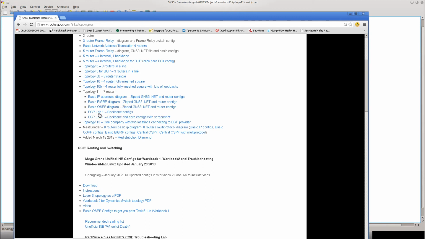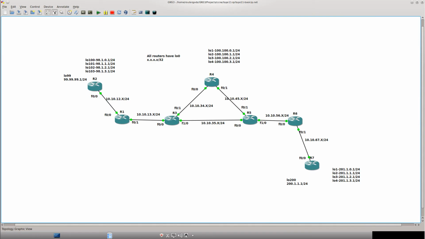So it was either that one or the BGP one. No router OSPF 1. So router OSPF 1 is what you use to start it. No router OSPF 1 is what you do to kill it. Okay, so while you're doing that, the rest of us are going to continue forward.